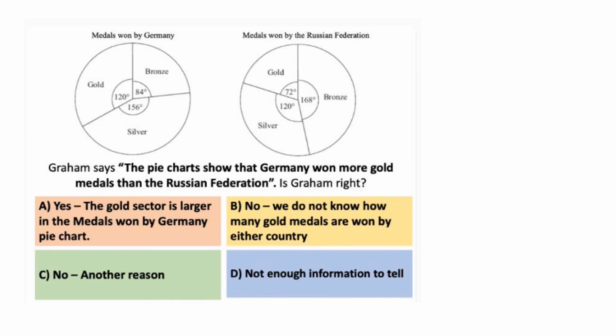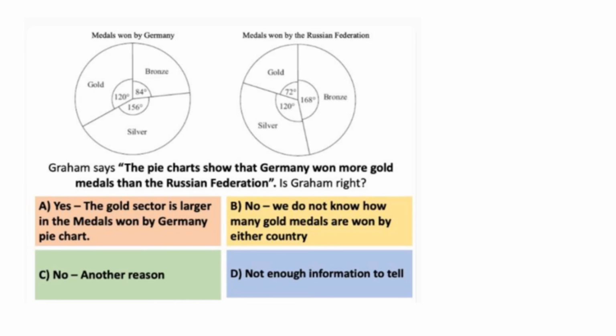So we've got A, yes, the gold sector is larger in the medals won by Germany pie chart. B, no, we do not know how many gold medals are won by either country. C, no, another reason. Or D, not enough information to tell.